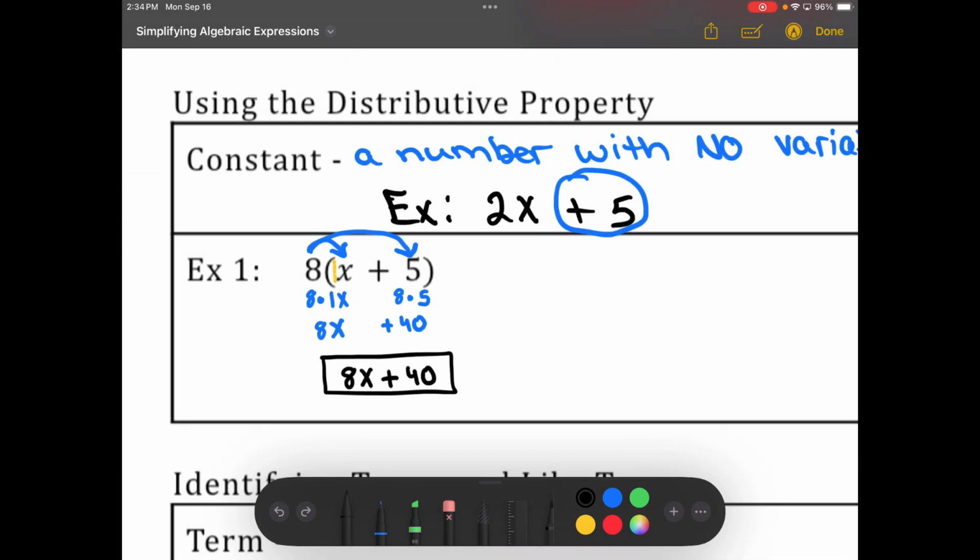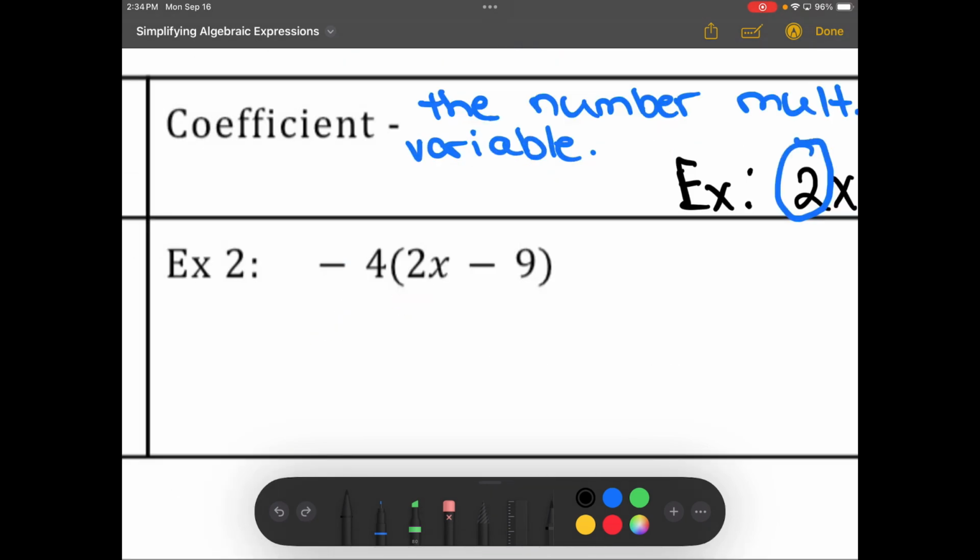Let's go to example number 2. So we have a new term on the outside, which is what? A new number. What is this? Negative 4. We're going to multiply it to what? 2x. So negative 4 times 2x. What is negative 4 times 2? Negative 8. Negative 4 times 2x would give us what? Negative 8x.